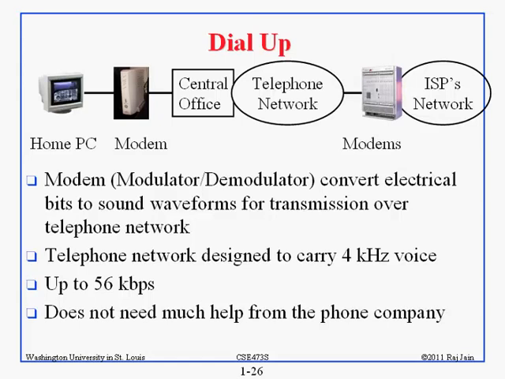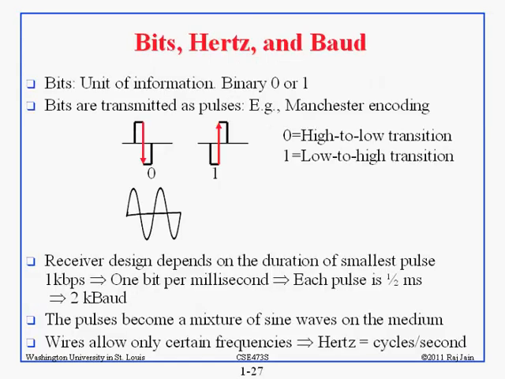So the question is, I have used the words hertz and bits, and I thought I will put some explanation as to what these are. The book doesn't have this, so please listen to this carefully. Bits are what we say, 0 and 1, binary bits, right? But to transmit a 0, how do you transmit a 0? There are many ways. You could do it that I will send plus 5 volt for 1 microsecond, and then I will send minus 5 volt for 1 microsecond, and that is a 0.